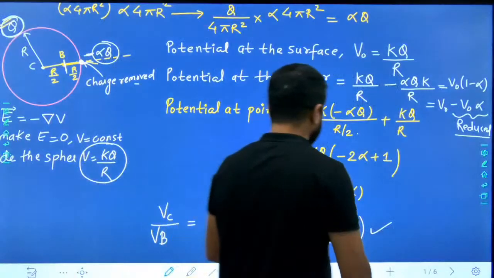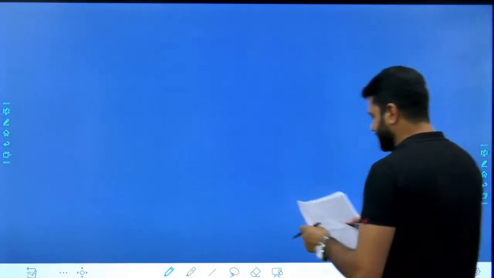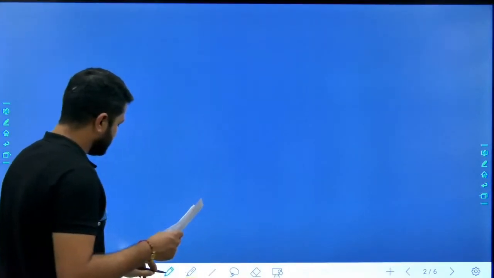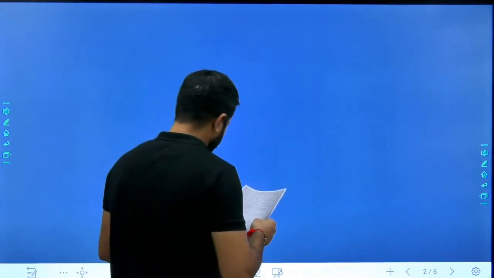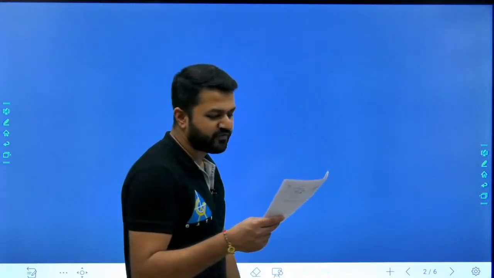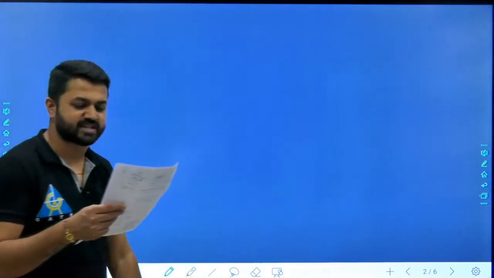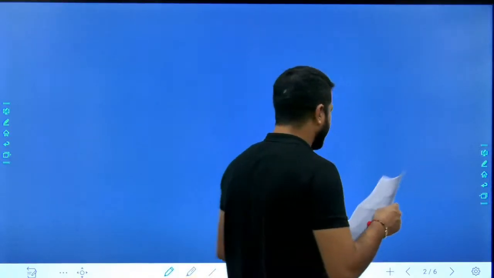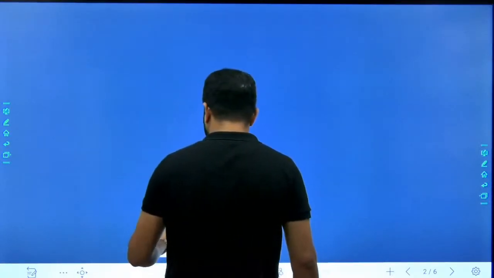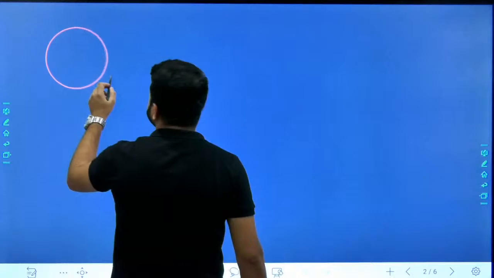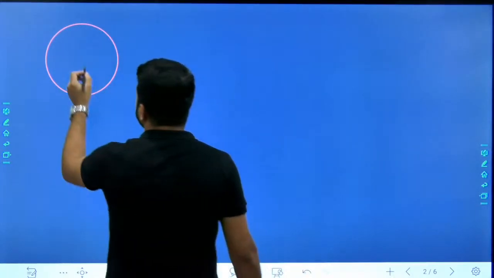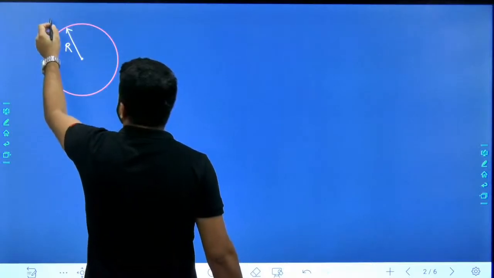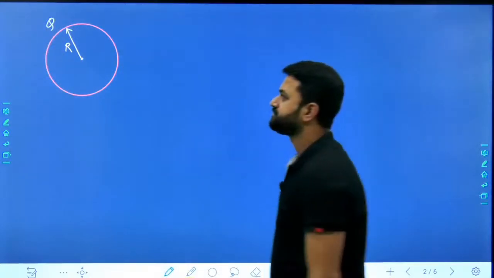Now let's talk about option C. In option C, the magnitude of electric field at the center of the shell is reduced by alpha V naught divided by 2r. Since this is the sphere and this is the distance r, the total charge is q.